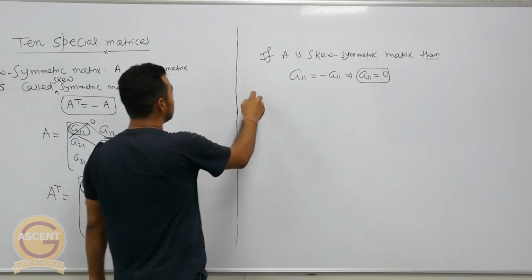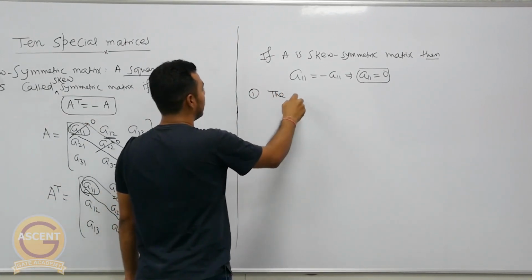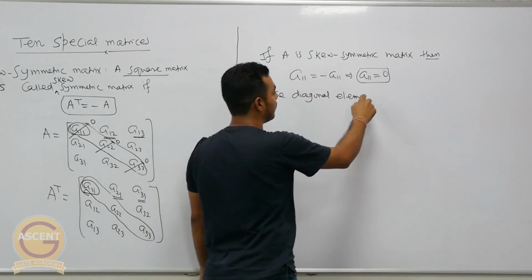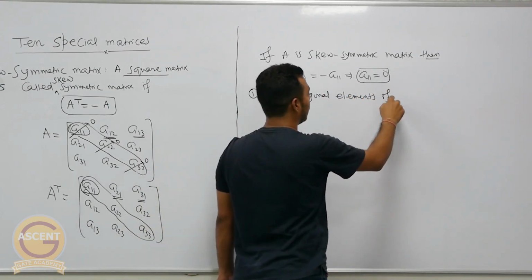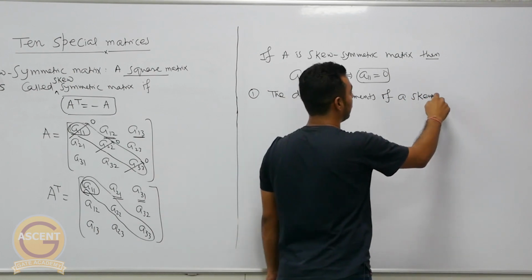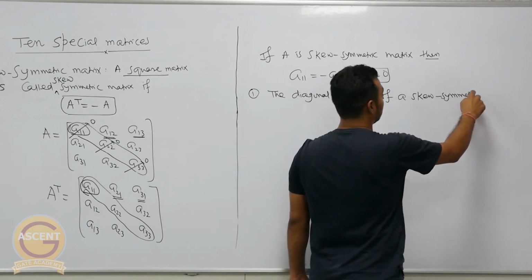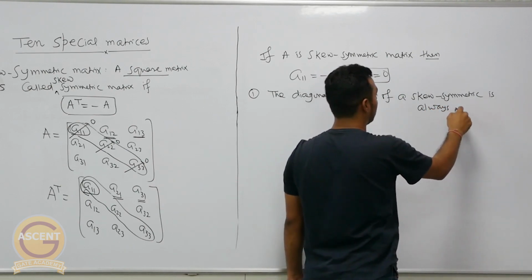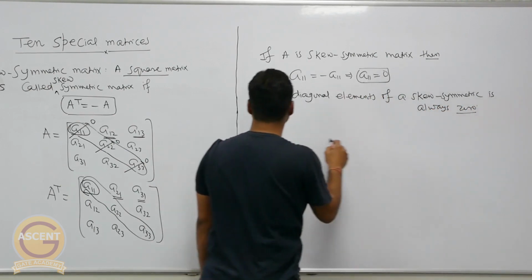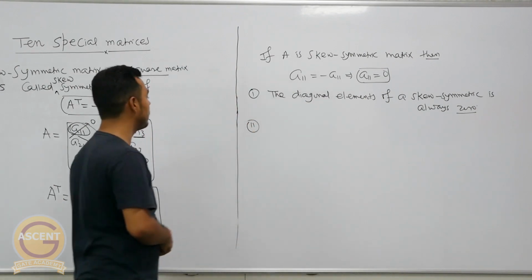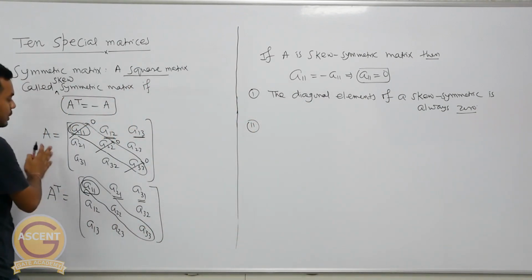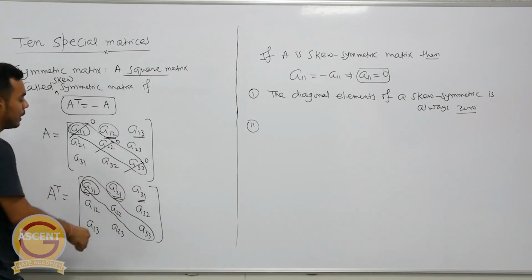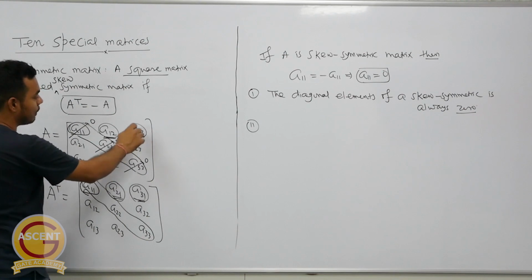So the first point, we can write here: the diagonal elements of a skew symmetric matrix are always 0. And the second point is that in case of a skew symmetric matrix, now see, if A transpose is negative of A, this means A21 is negative of A12, A31 is negative of A13.